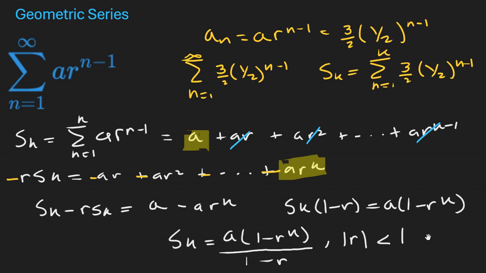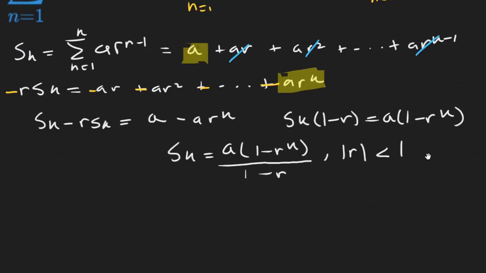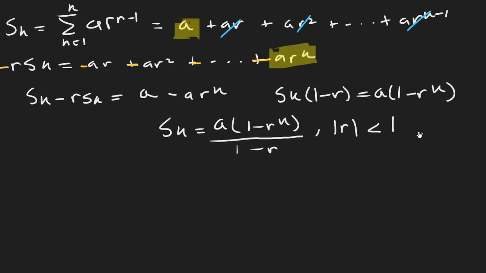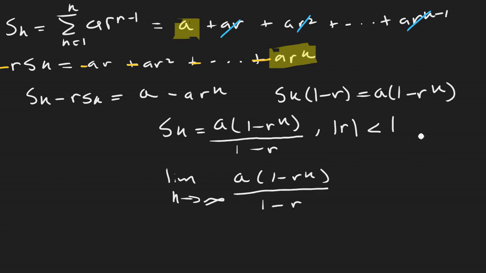Given that condition, once you take the limit as k tends to infinity, you have a times 1 minus r to the k, all divided by 1 minus r. In either case, this equals a over 1 minus r. Why? Because r to the k is tending towards 0.